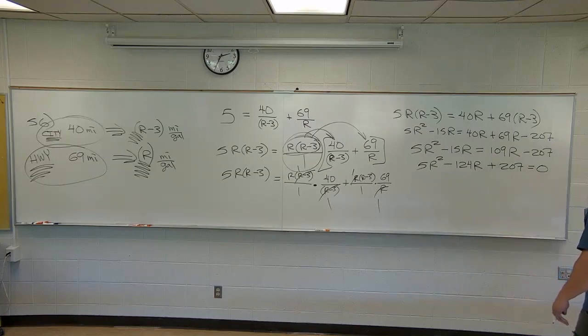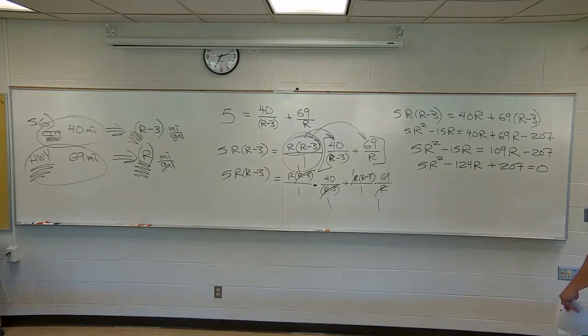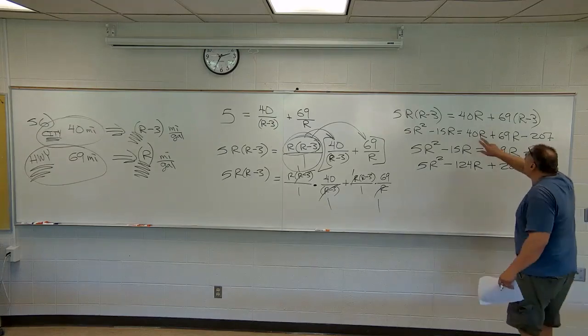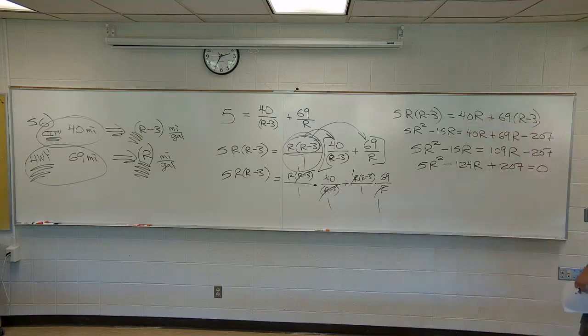Yeah, it looks okay. Let me just make sure I've done this right, guys. 109R, right? This and this, 109R. Add them, you get 124. Okay, let's see how this is going to play out.